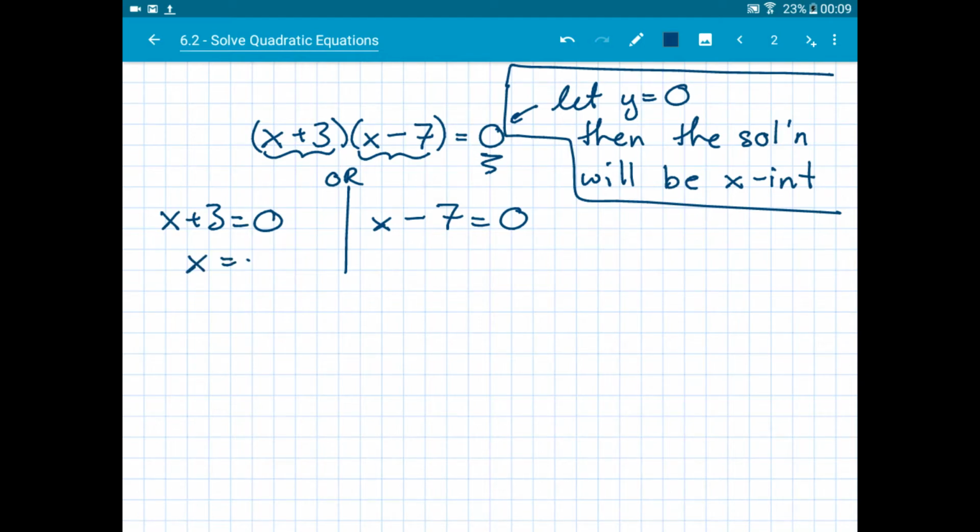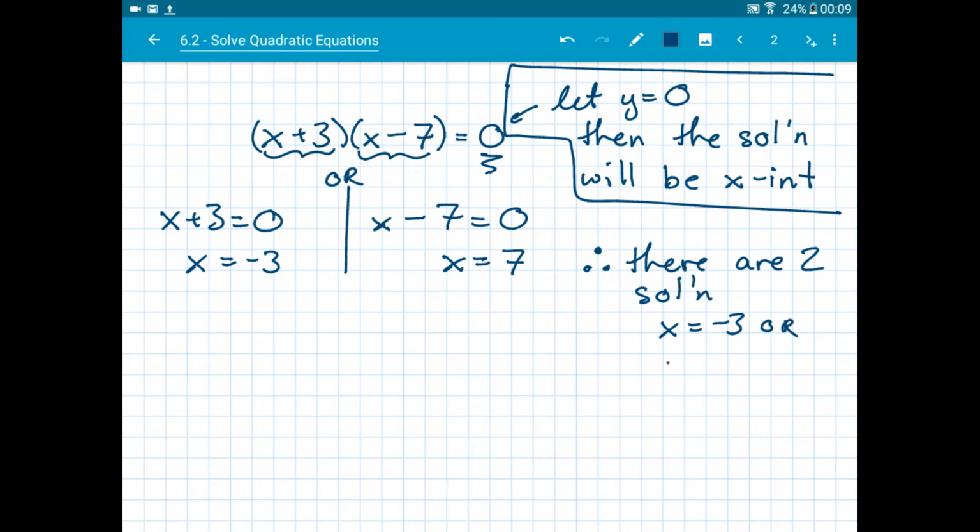So x equals minus 3 or x equals positive 7. So there are two solutions here, in which x equals minus 3 or x equals 7.